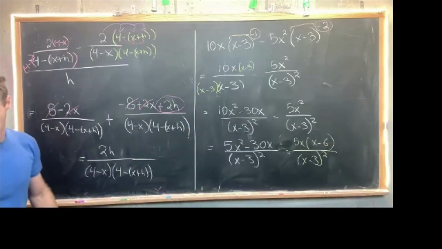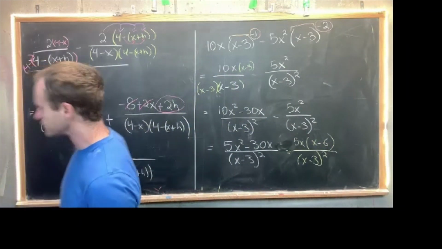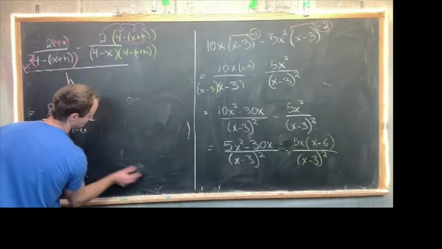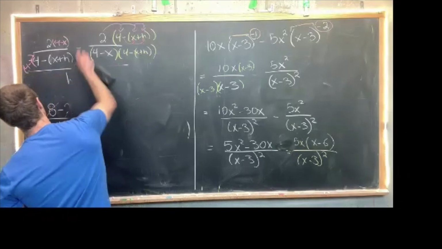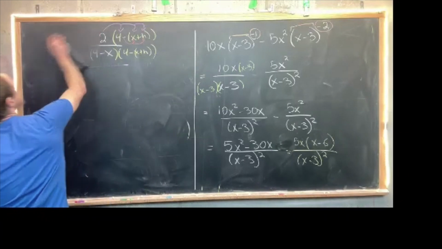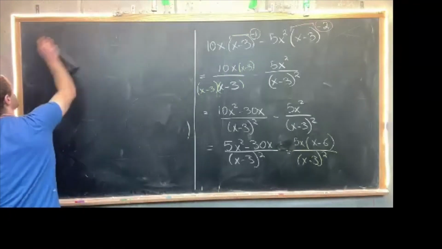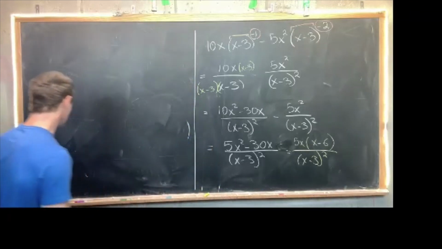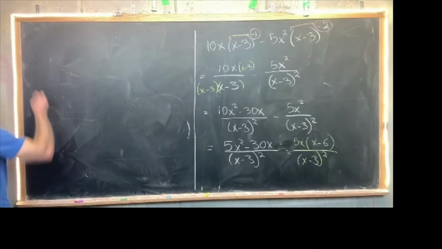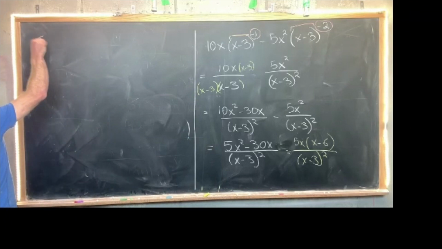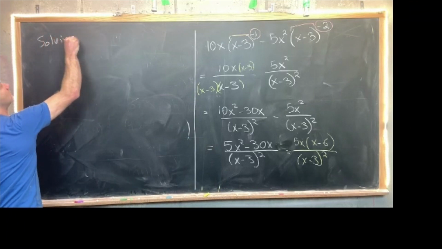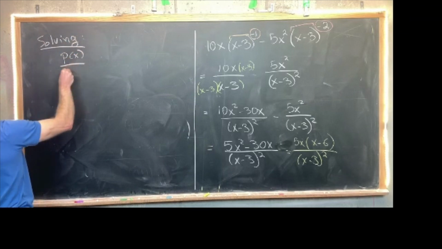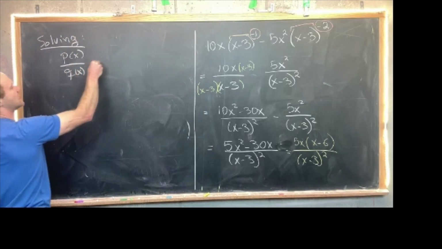So now let's talk about rational equations. So in other words, equations involving these rational functions. So let's maybe put a heading for this: solving p of x over q of x equals 0.